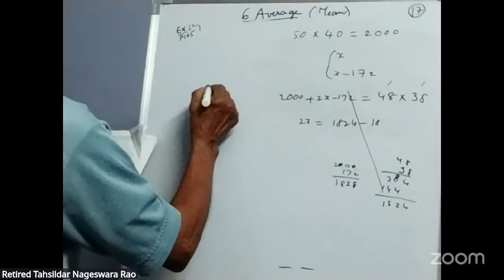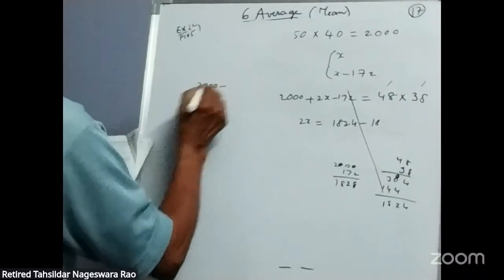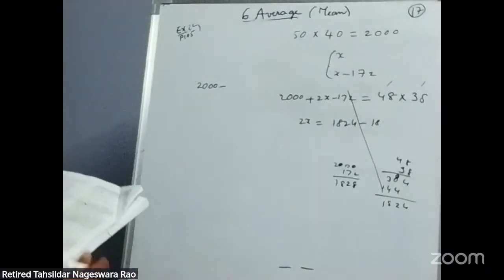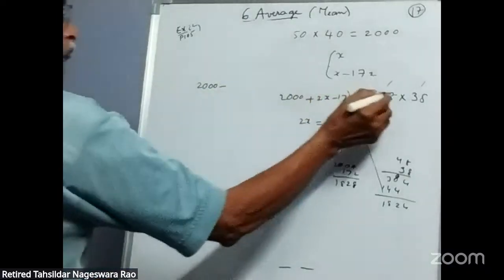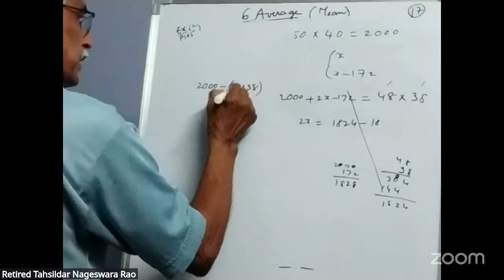Total 2000 runs. From 2000 runs subtract 48 into 38, the 38 innings score.